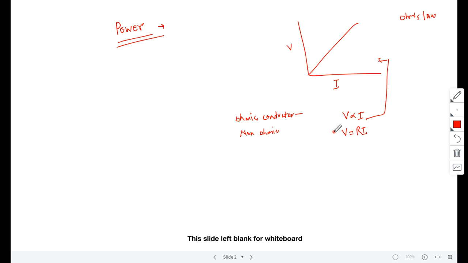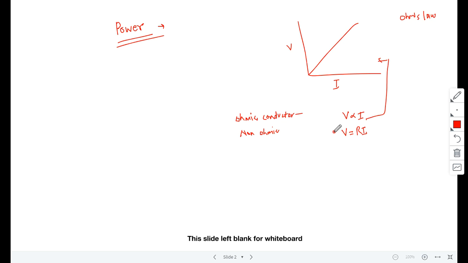Now next is power. So in mechanics also, you definitely know what's power, energy. So how can you define power?